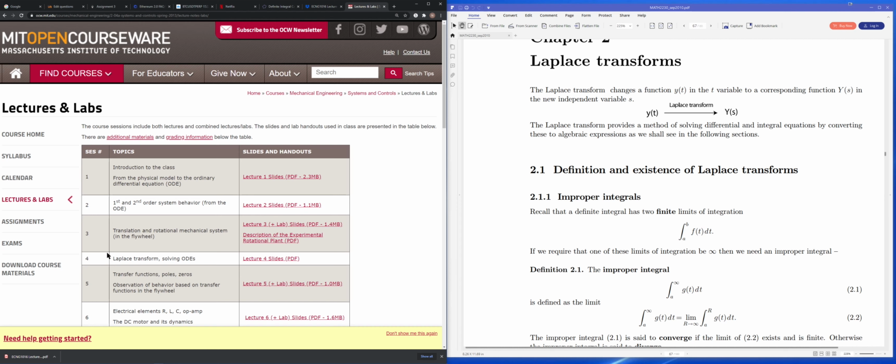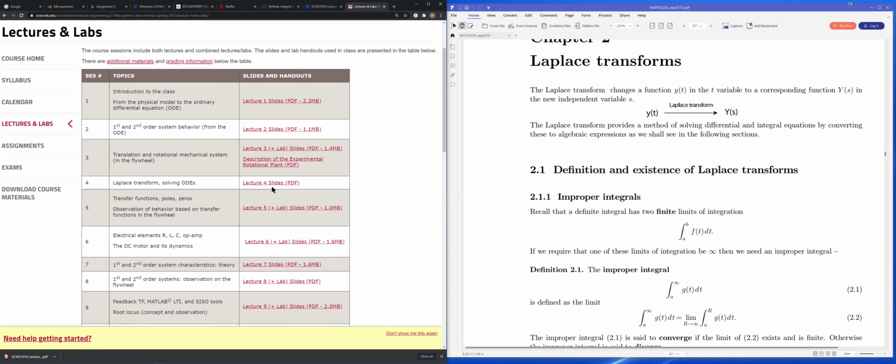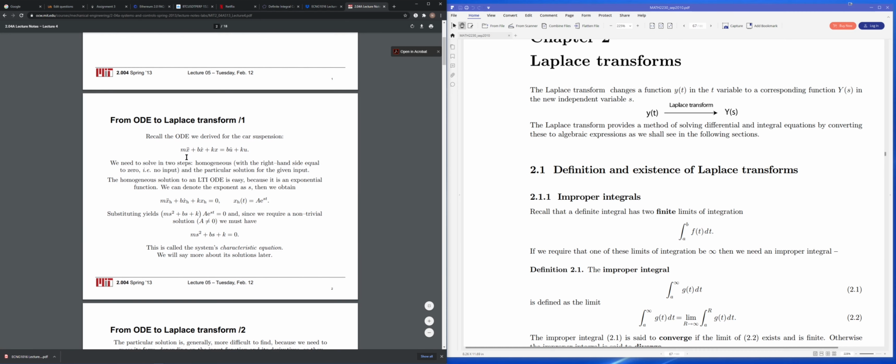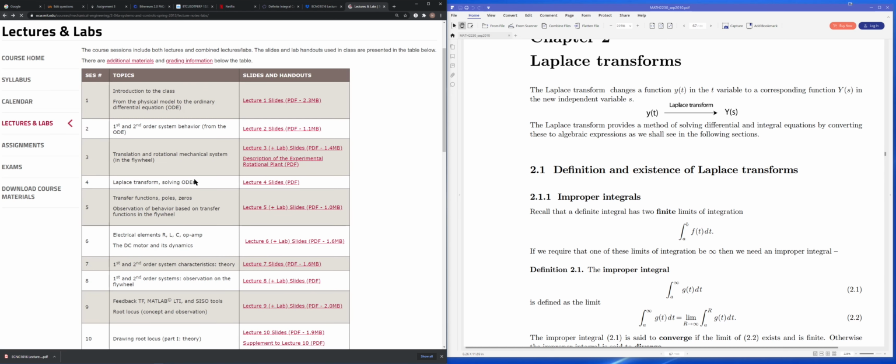What they're doing over here is using the Laplace transforms to solve the ordinary differential equations, and we will do that in this class. Given our ordinary differential equation, we want to be able to solve it using Laplace transform, and that's probably the main objective for us.